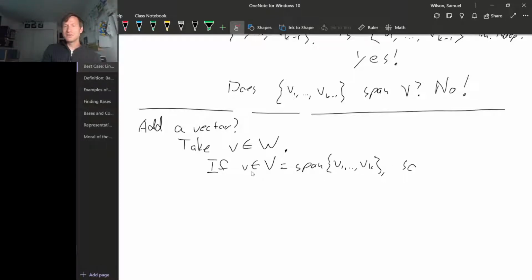So if little v is in big V, we can write little v as a linear combination, say a1 v1 plus dot dot dot plus ak vk.